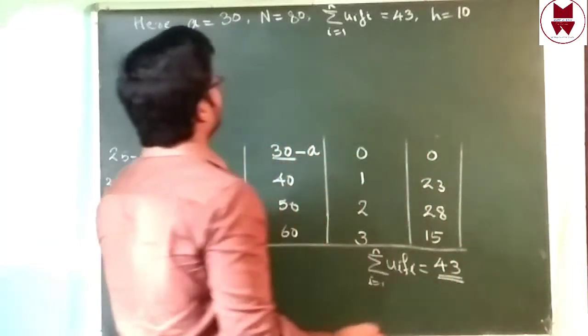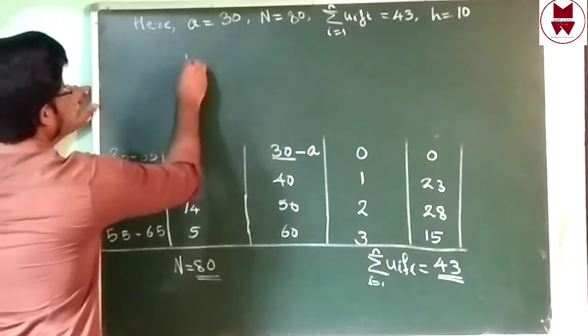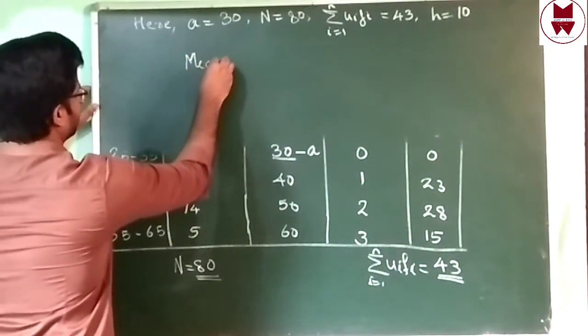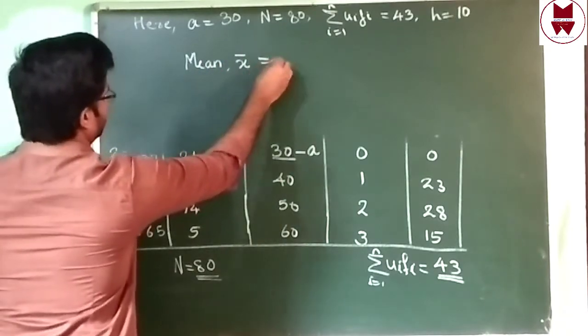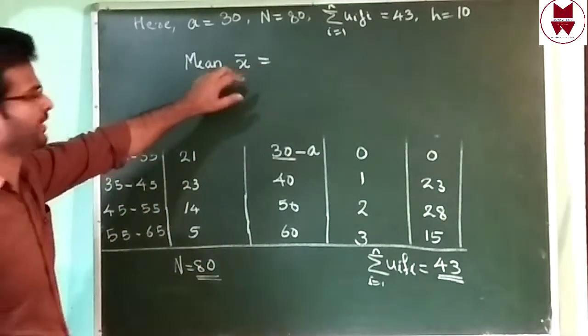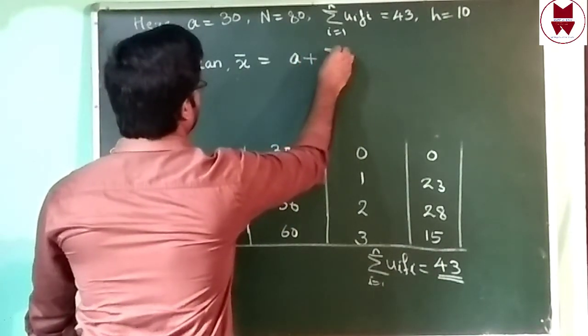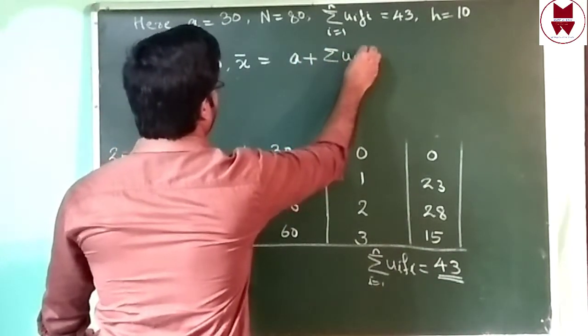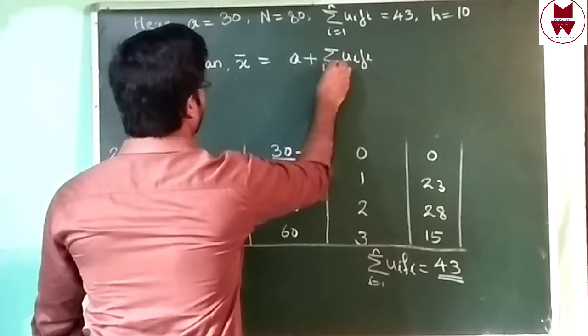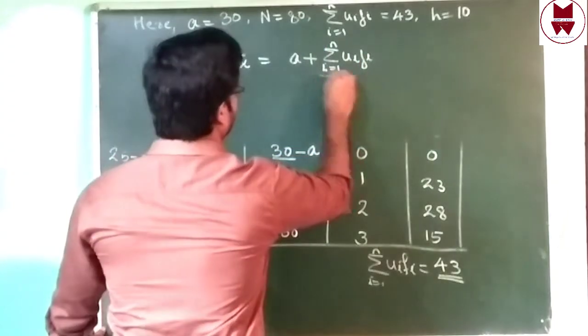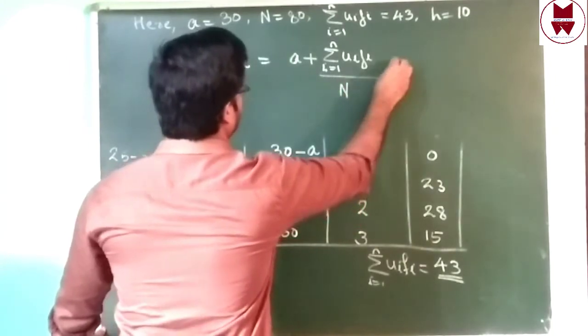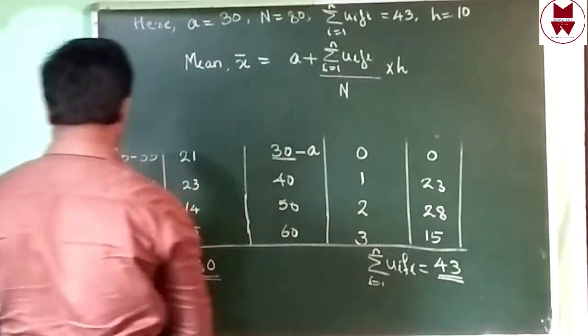Directly we can write the mean. The mean we will represent by x bar. That formula is A plus the sum of ui fi, i equal to 1 to n, divided by n, into h.